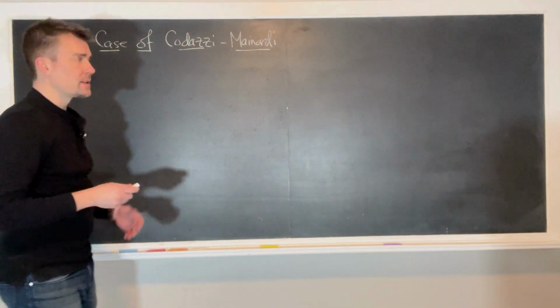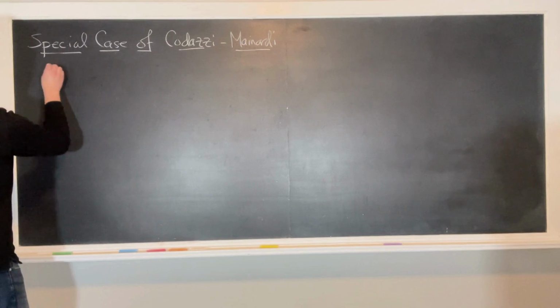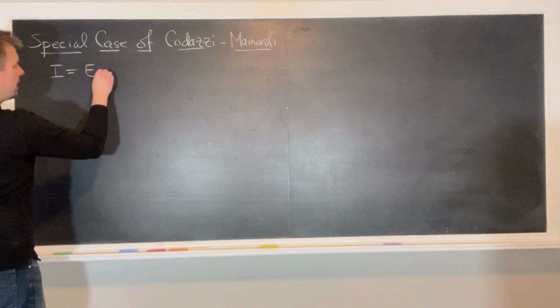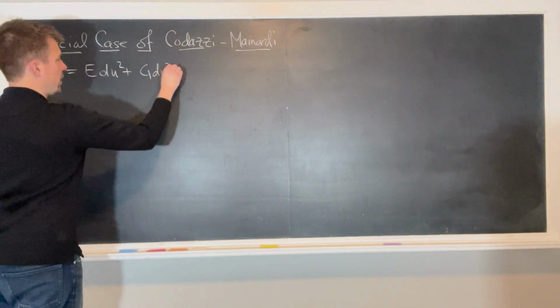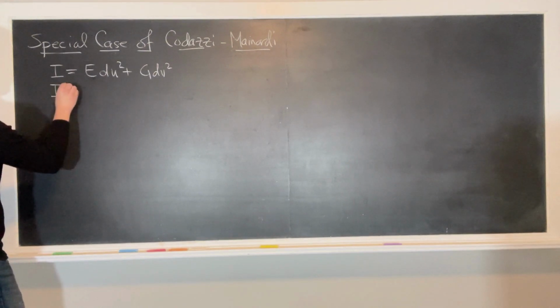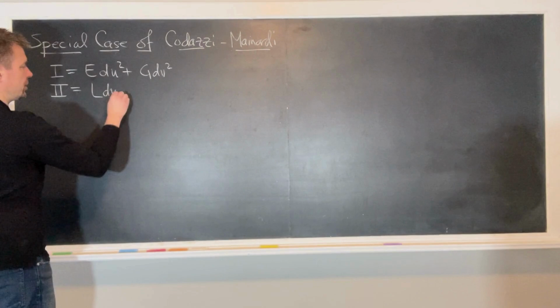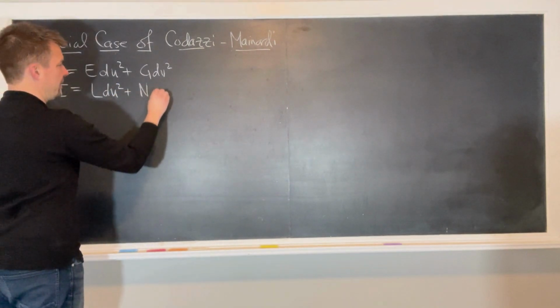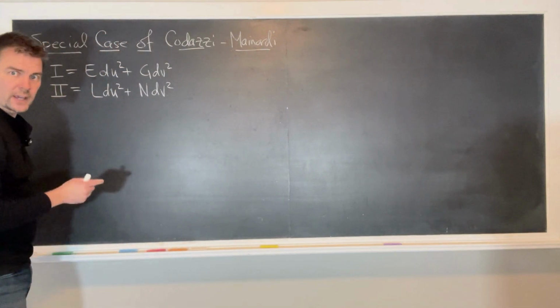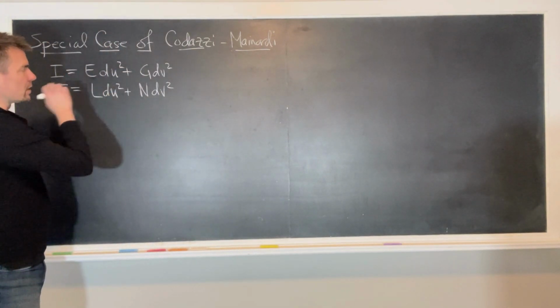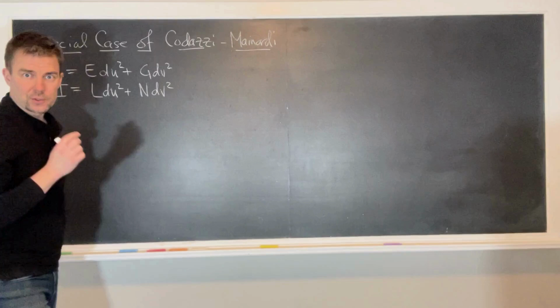This special case is the case when the first fundamental form looks like E du squared plus G dv squared, and the second fundamental form looks like L du squared plus N dv squared, okay? In other words, in this special case, we have no middle terms. So there's no F term and there's no M term in these.